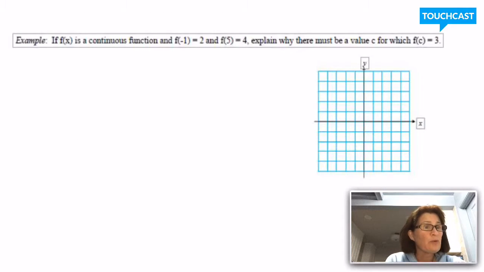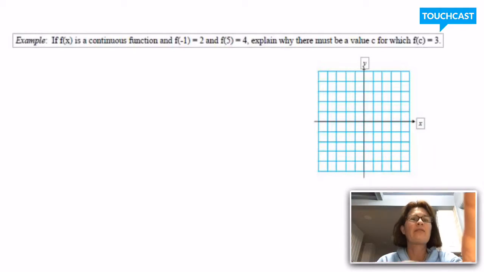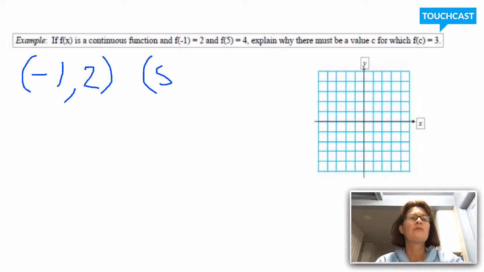So here's an example we're going to answer using the intermediate value theorem. Assume that f of x is a continuous function. I don't know anything about f of x except I know f of -1 is 2 and I know f of 5 is 4. That tells me that I have ordered pairs -1, comma 2 and 5, comma 4.